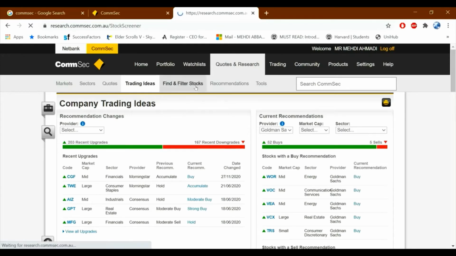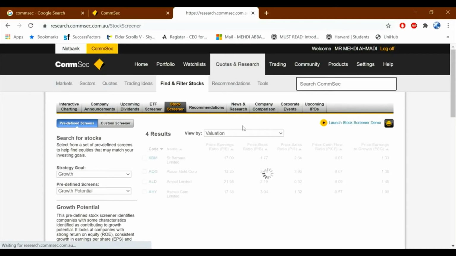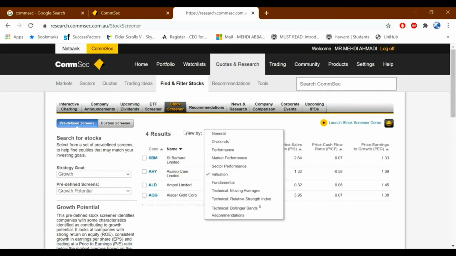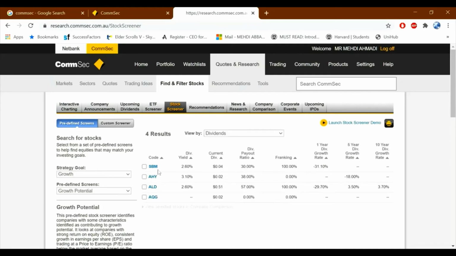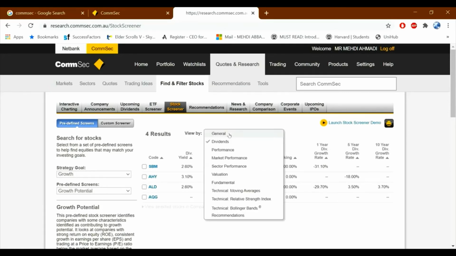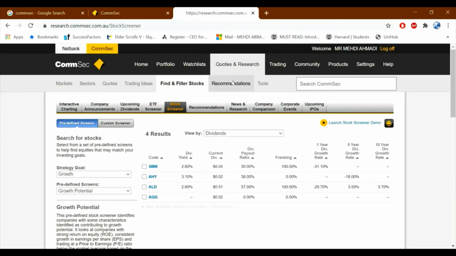Finds and filters stock. Again, you can view by sector performance or dividends. If you're looking into buying stocks that offer good dividends, you go to dividends, which shows you which stock has a better dividend yield, or you can choose any other filter you wish.